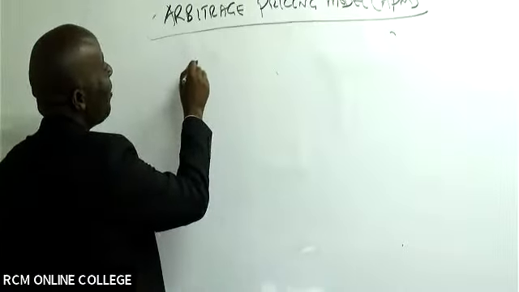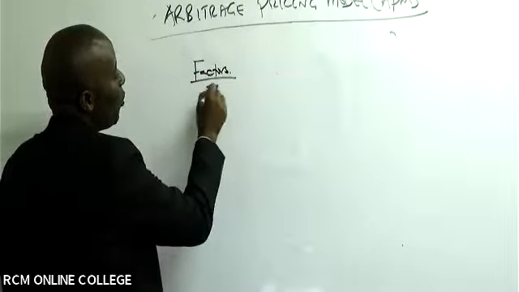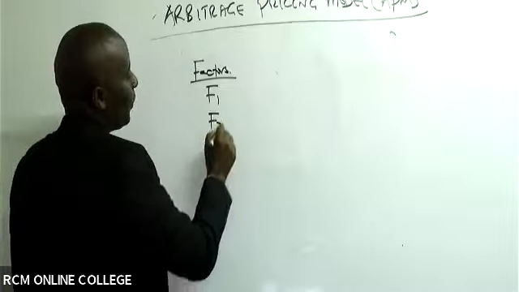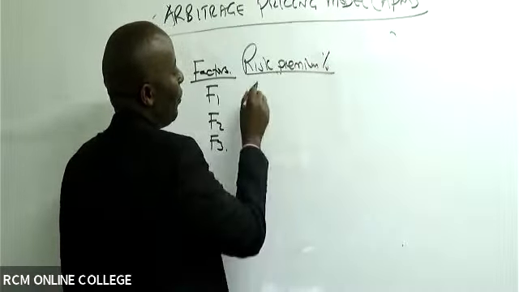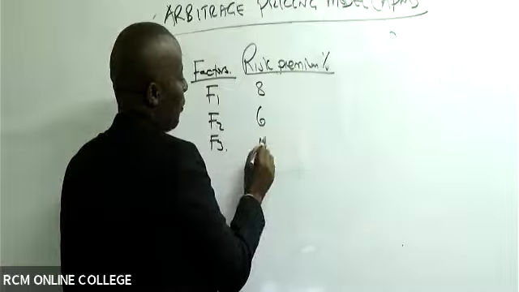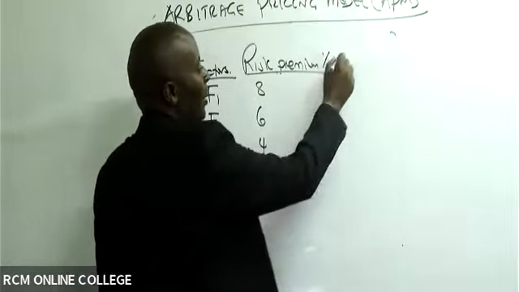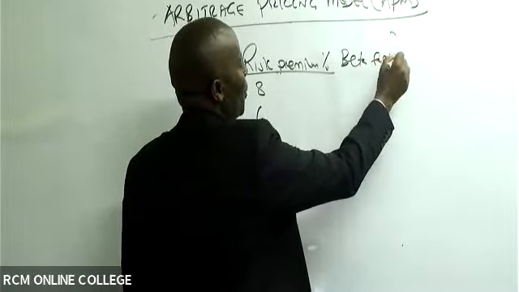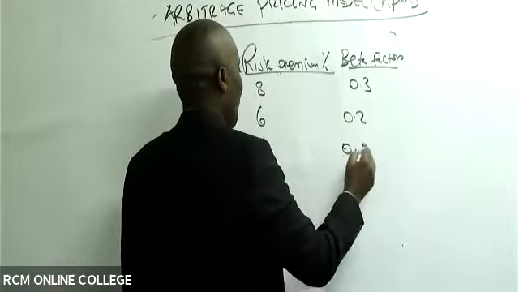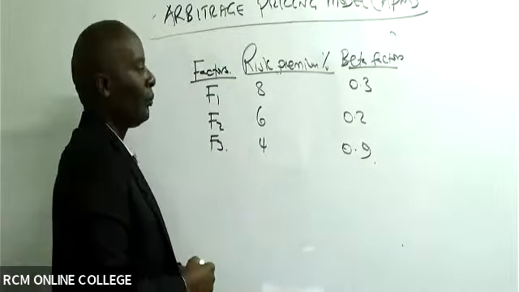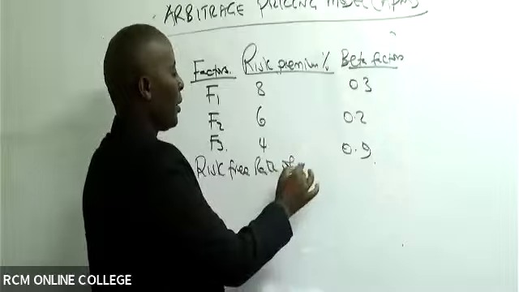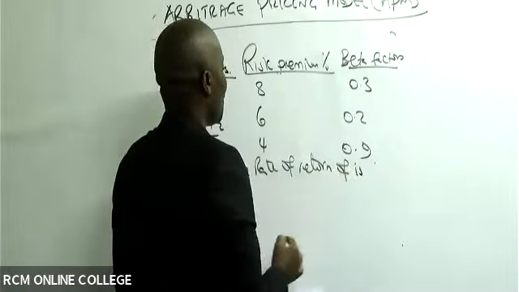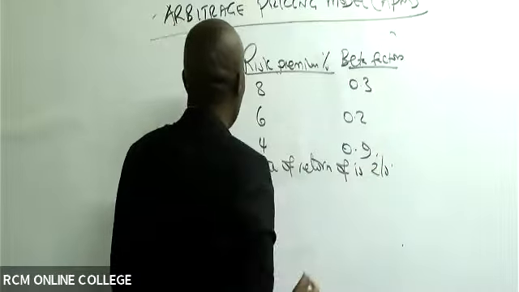All right, so then we have here an exercise. We have three factors: factor 1, factor 2, factor 3. They have given us risk premiums in the form of percentages: 8, 6, and 4. And then they've given us beta factors: 0.3, 0.2, then 0.9. The risk-free rate of return is 2%.